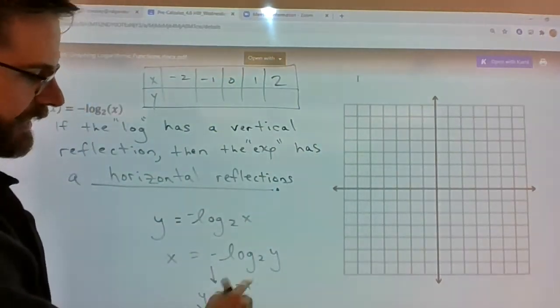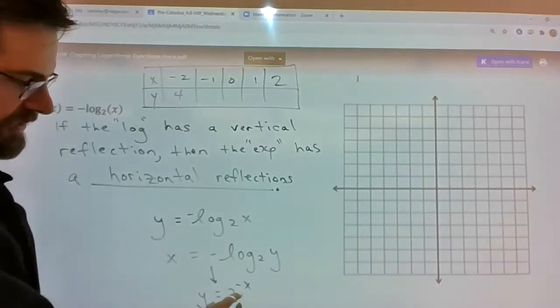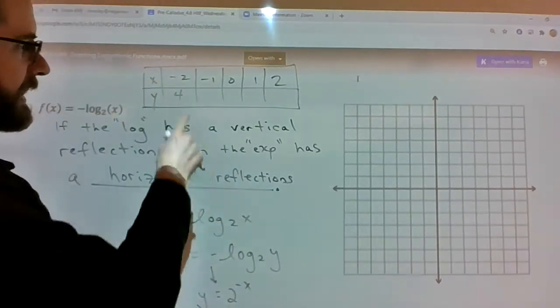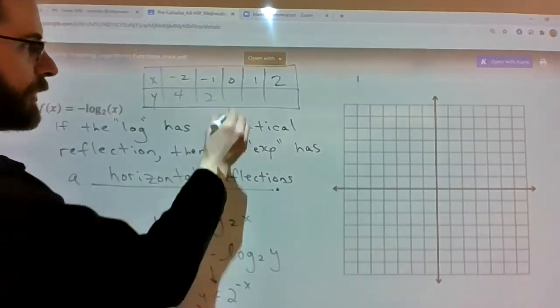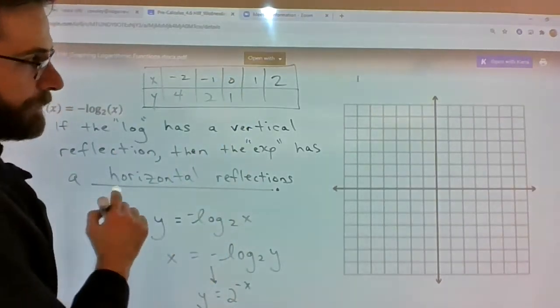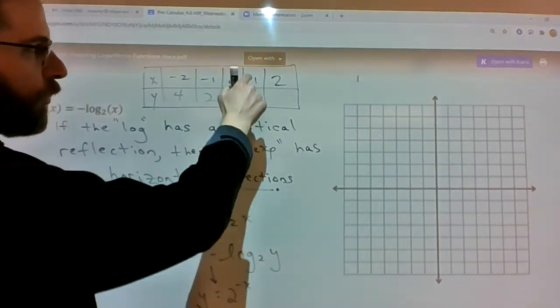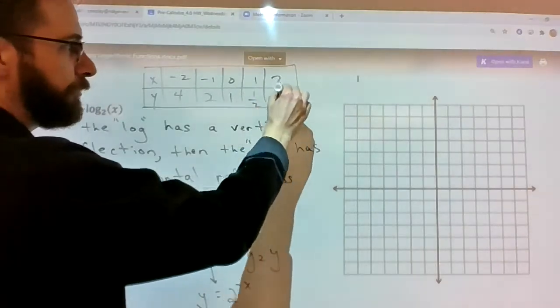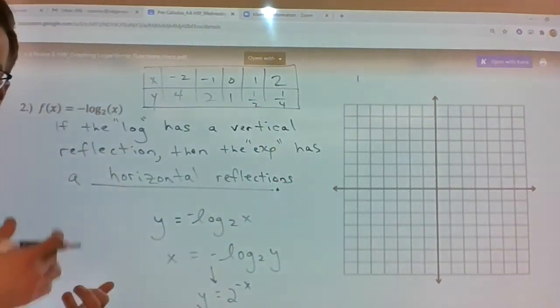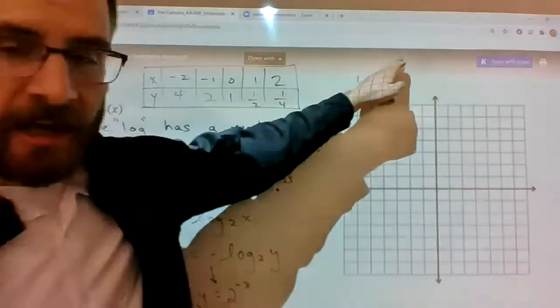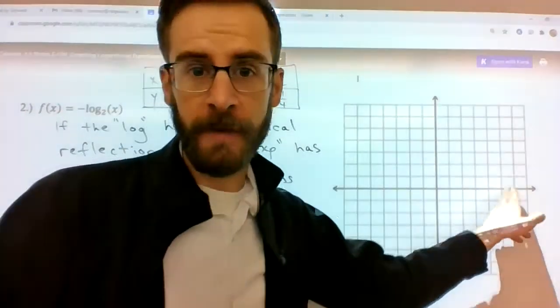If I plug in negative 2, that gives me 4, because it's negating a negative. If I plug in negative 1, it gives me 2. If I plug in 0, it's still 1. If I plug in 1, now it's 2 to the negative 1 power. It's a half and a fourth. Okay, it reverses everything so that the function comes down first as the exponential.